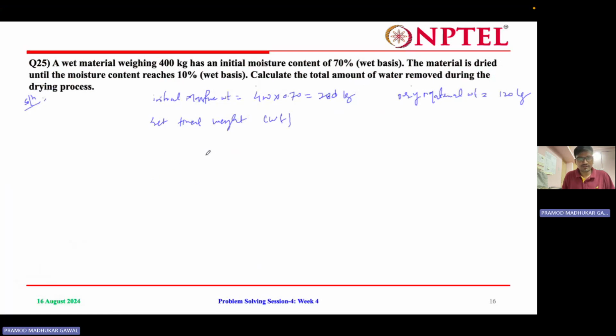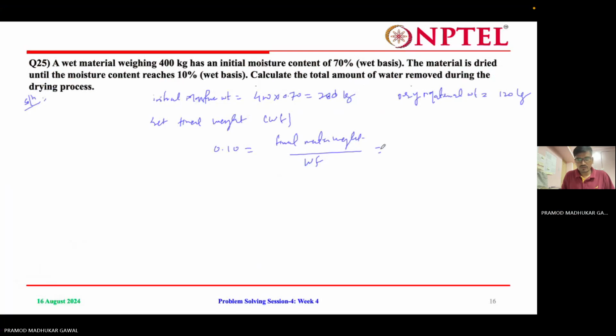So the final moisture given, 0.10, is equal to the final water weight divided by the final weight.